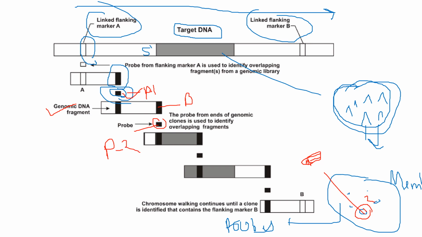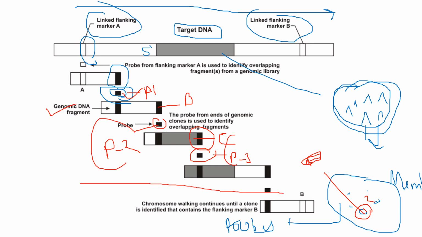that is present at the 3 prime end of the B fragment, and again you will probe the whole library with this probe, and you will identify, say for example, another fragment C, and now again you will use another probe P3 that is the flanking region of DNA fragment C. So this way you are seeing, using different probes, you are walking down the chromosome and you are characterizing different fragments.